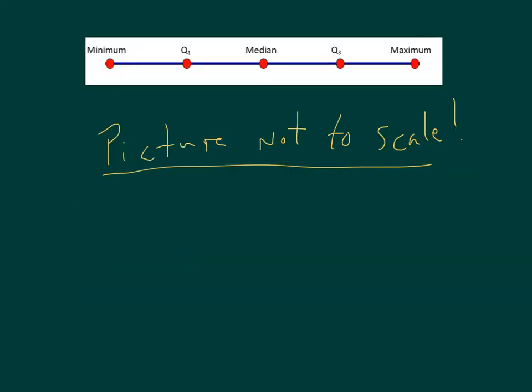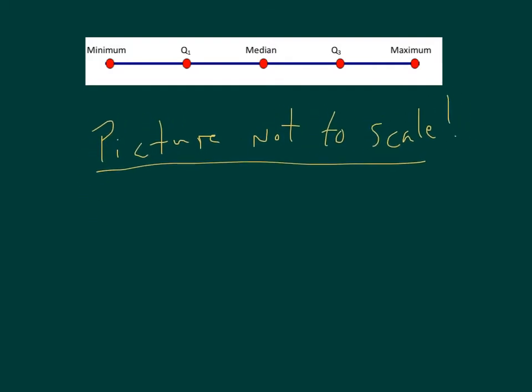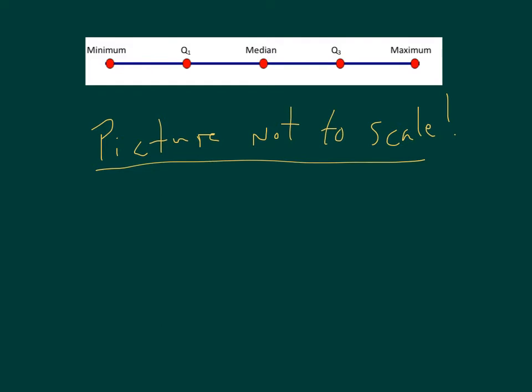My first caveat, or warning, is that this picture is not to scale. It's a visual representation of what's going on in the 5-number summary. Your minimum is down here, your median is the number that's in the middle when we order the data from least to greatest, and the maximum is the largest. Q1 and Q3 are very interesting.